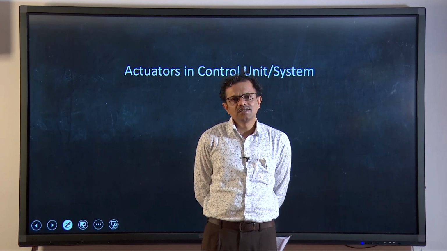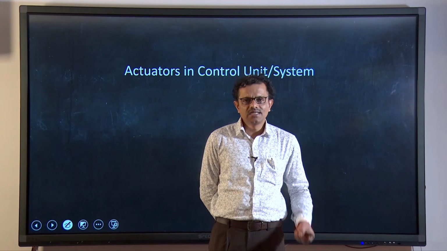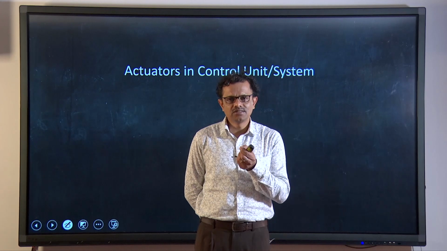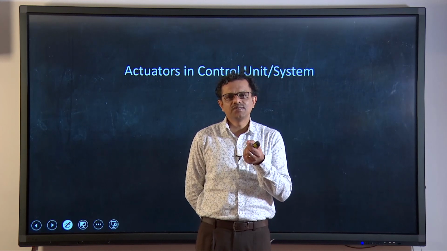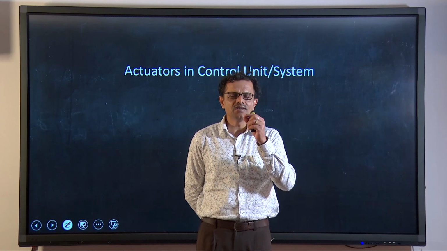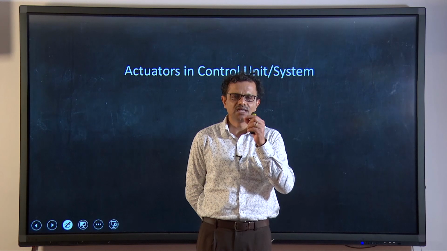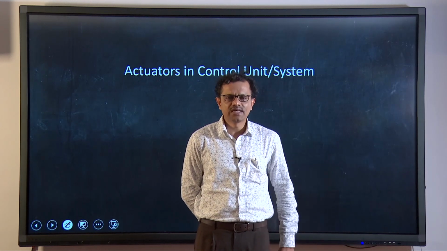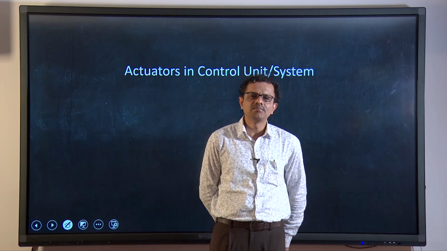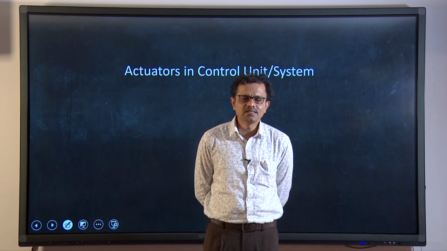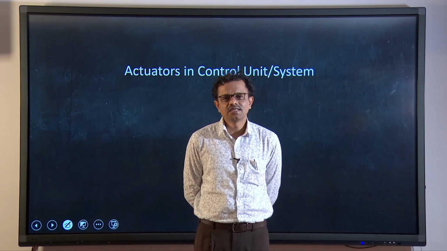The signal from the manifold pressure sensor will be received by the ECU, and the ECU will give feedback to the fuel injectors to increase the opening area of the fuel needle in the fuel injector, so as to increase the pathway of flow of fuel, and an additional amount of fuel can be discharged. All these things are done by the actuators. So, actuators, like sensors, are important elements for the electronic control unit.